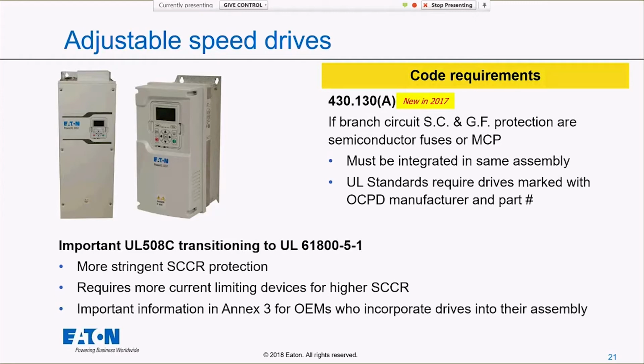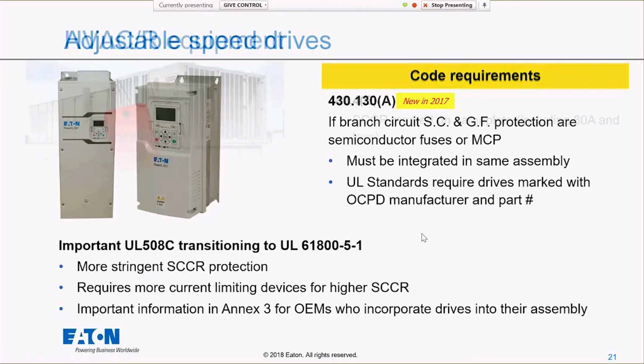So in particular, verify in your installation instructions and your manual that it hasn't changed to a different fuse or something like that in front of the drive. They changed the test for short circuit current rating, and it became a little bit harder to pass depending on what that device was in the first place. So just be aware of that transition and double check that overcurrent protective device.